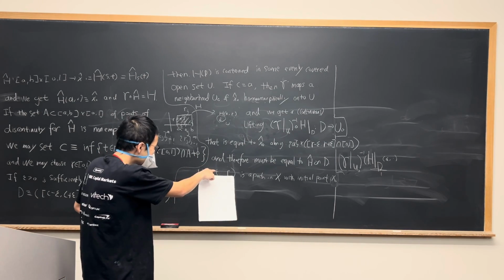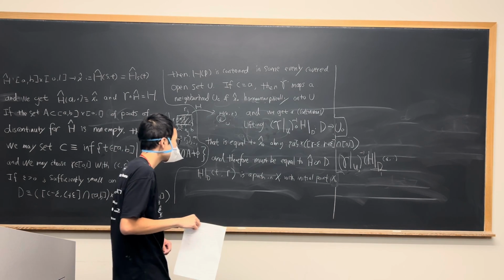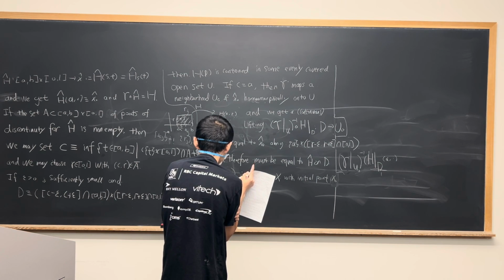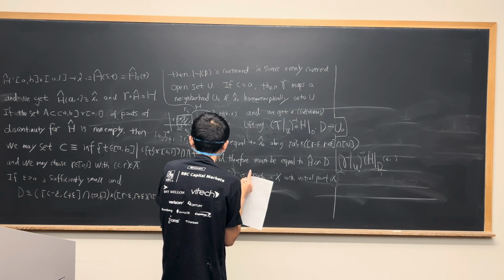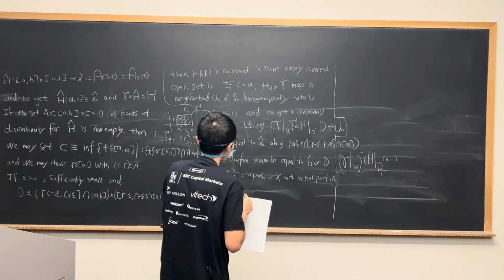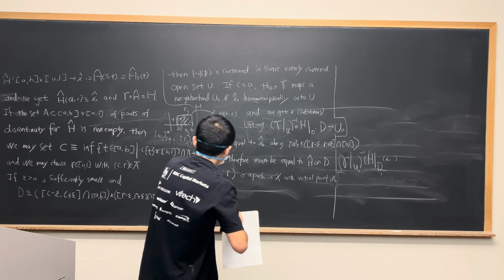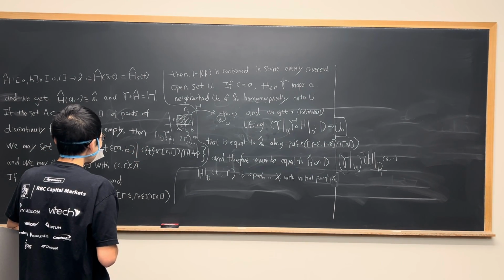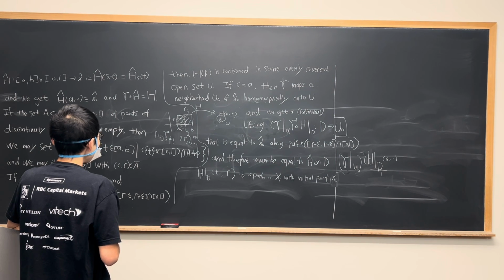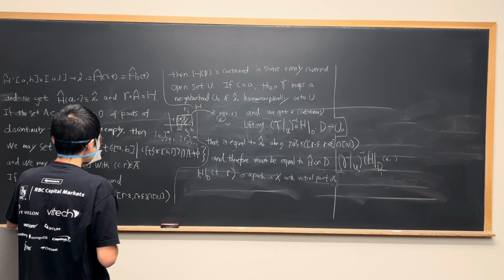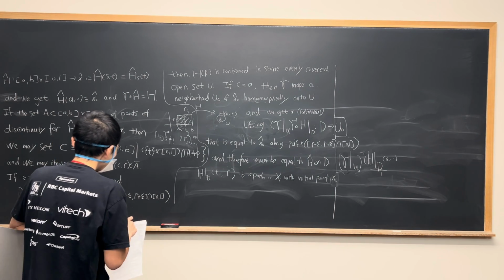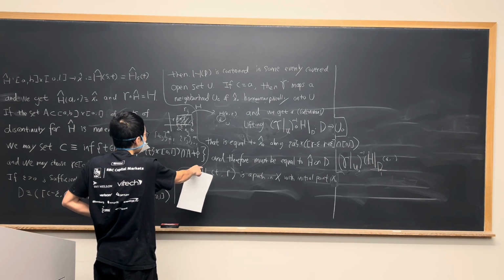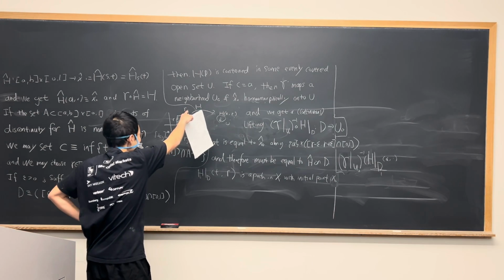Okay, so this is a path, and what I want to say is that the image of this path lies in U, right?